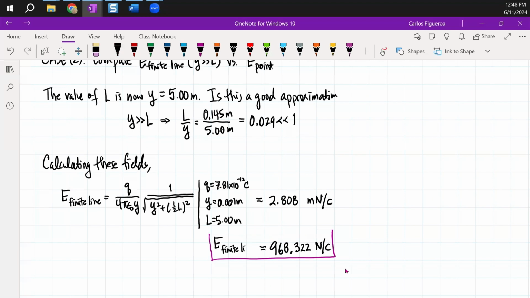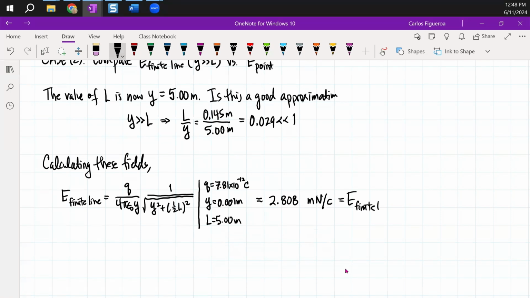So remember, this is a small value. And it should be small because we're far away. So this is the field of the finite line when y is much, much bigger than L. This is a value that we need to compare to the point field.